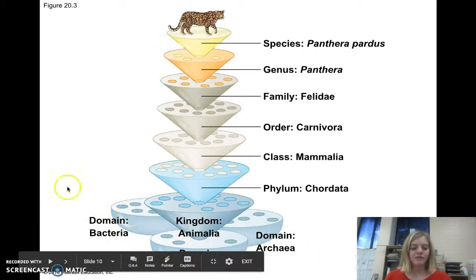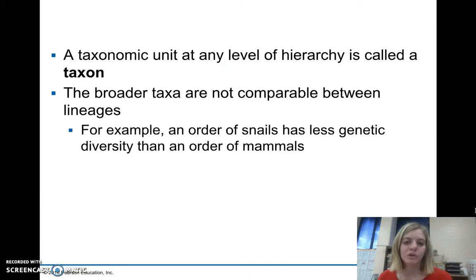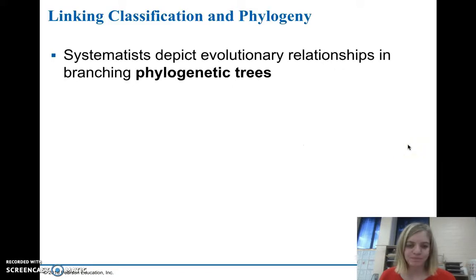These are our eukaryotes, these are our prokaryotes, and these are some ancestral organisms that typically live in hot springs, things like that. Then within any level of hierarchy, one group is called a taxon, and we can see that these taxa are related very closely to each other, but not necessarily to other lineages.